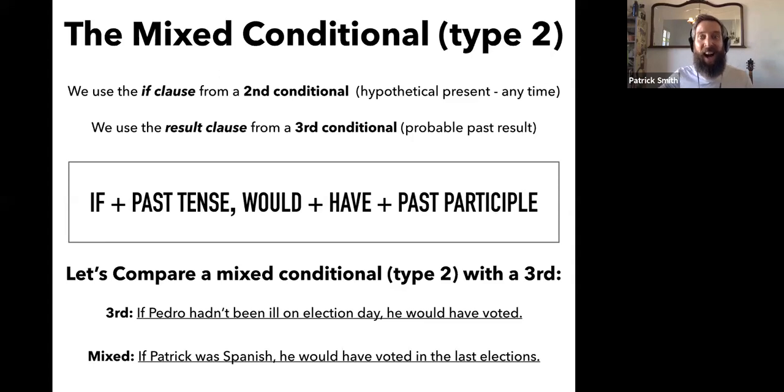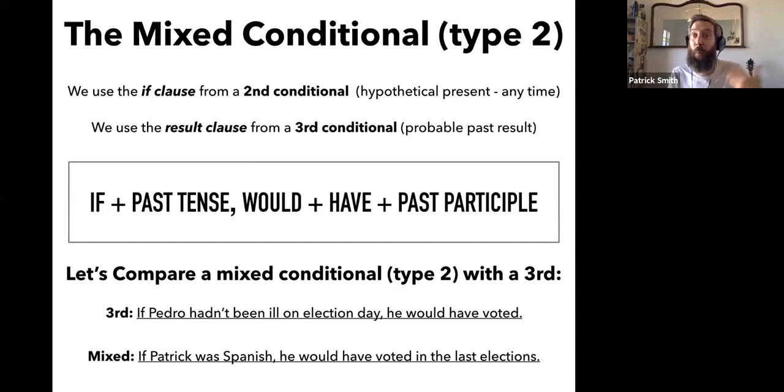Si fuera español, podría haber votado. Would have voted. Habría votado. Simply, habría votado. You could also use could have voted. Podría haber votado. No problem. But if Patrick was Spanish, he would have voted in the last elections. So again, the first clause is a second conditional.